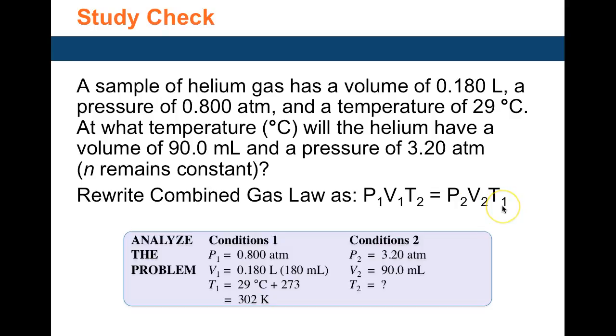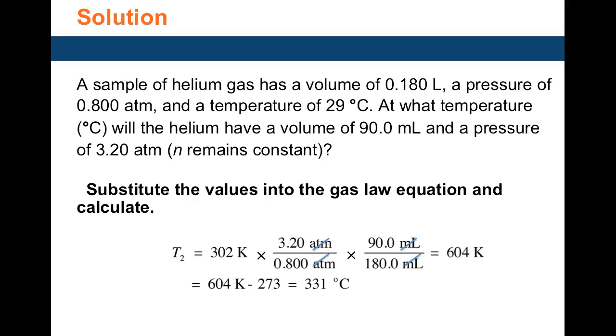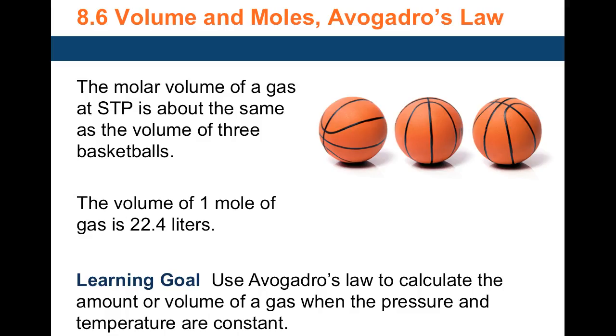Then you're going to divide this by 0.8 times 180 mL, and you should get T2. Okay, so you get your answer in Kelvin, subtract the 273, and then you get 331 degrees centigrade. All right, we'll stop here.